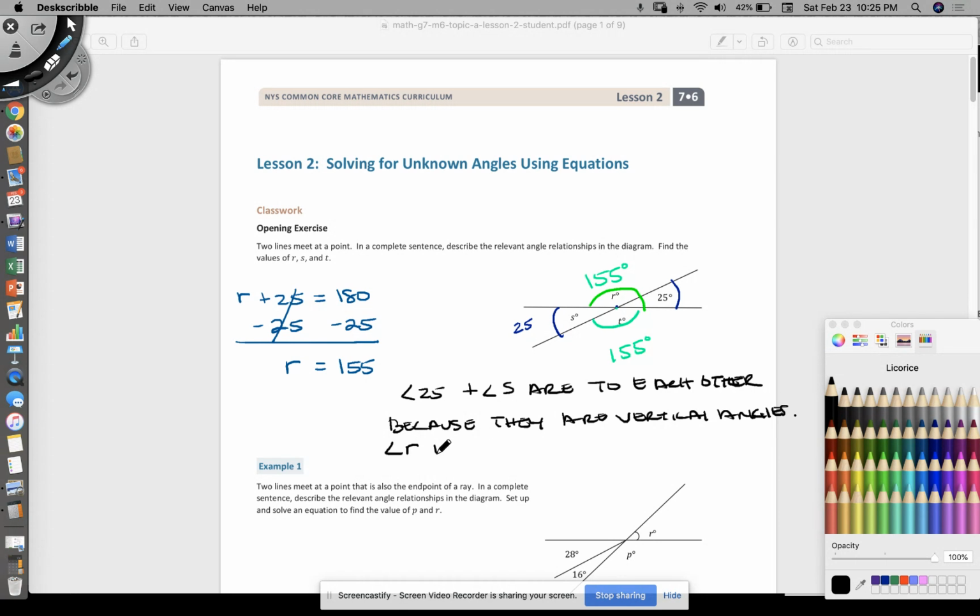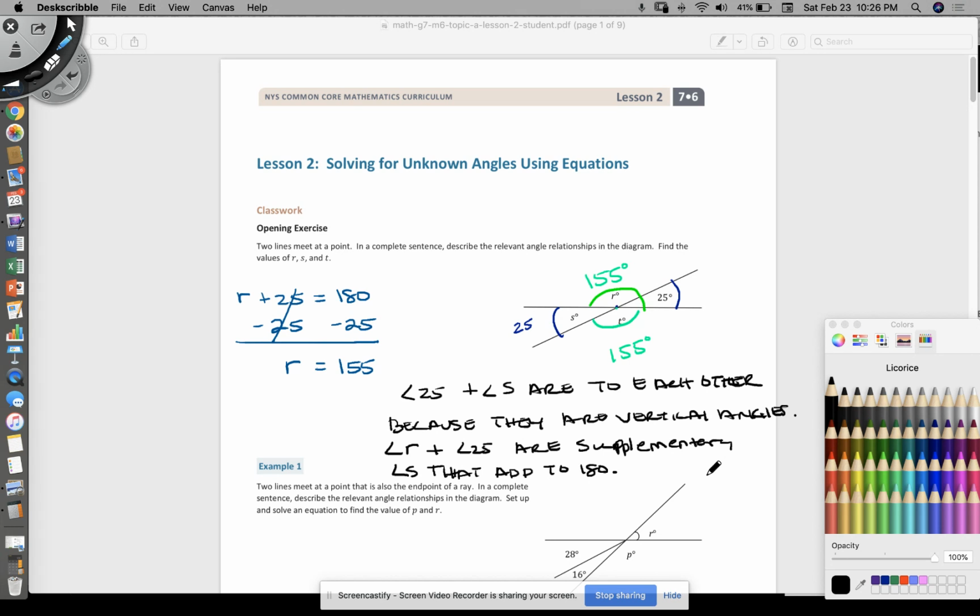Angle R plus angle 25 are supplementary angles. Supplementary, we could actually say the whole thing: angles that add to 180 degrees.